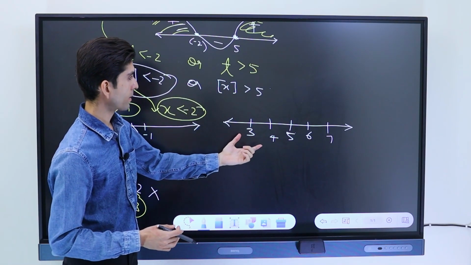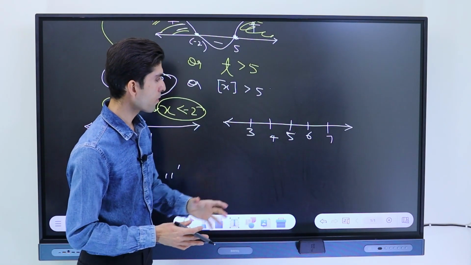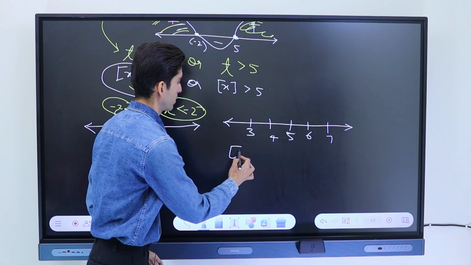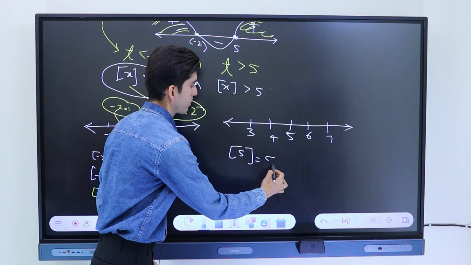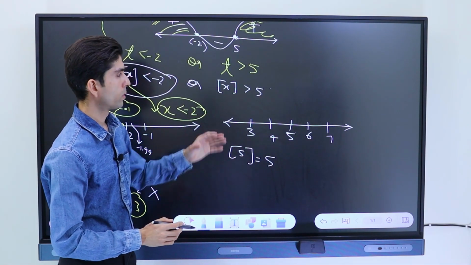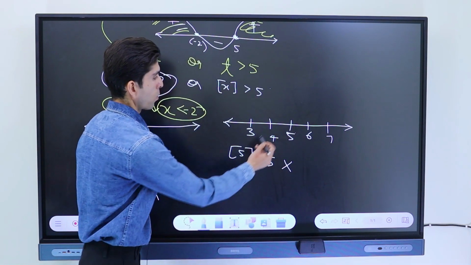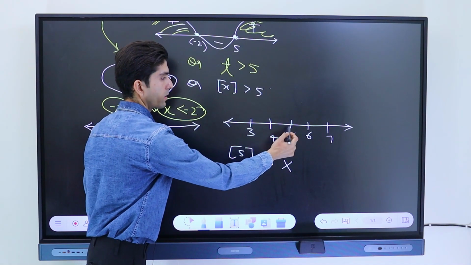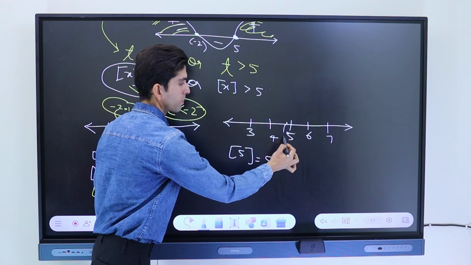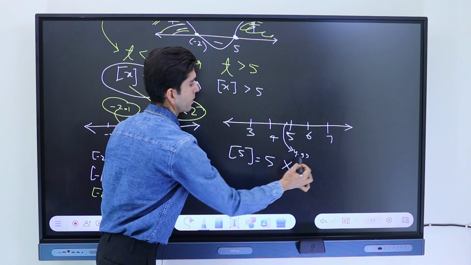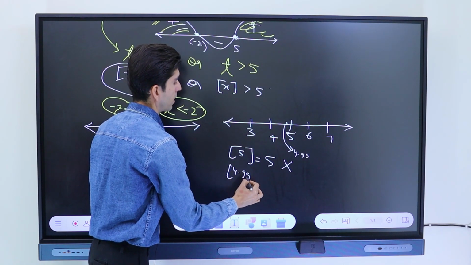If you take x as 5, the greatest integer is 5. But we want greater than 5, so this is not possible. What if you take something less than 5? Some number from this place, let's say 4.999.